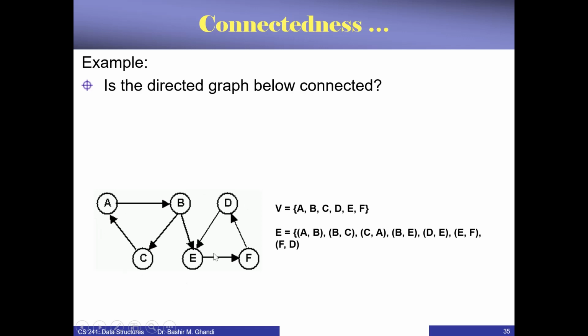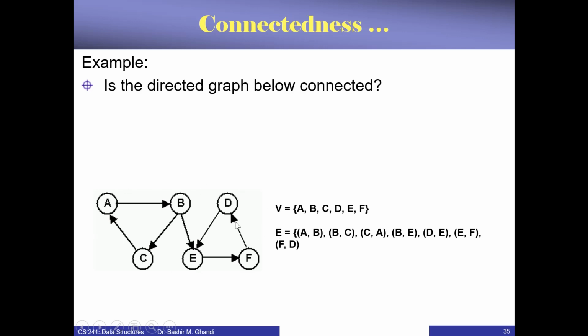See, this is a directed graph. You notice there is no arrow from E back to B. So basically from this part, we can never reach this part, although we can reach from this part to the other part because the arrow is going from B to E. Now if you observe, therefore, there is no directed path from E to any of B, C, or A. Similarly, there is no directed path from D and F to any of A, B, and C. So therefore, this graph is definitely not strongly connected.